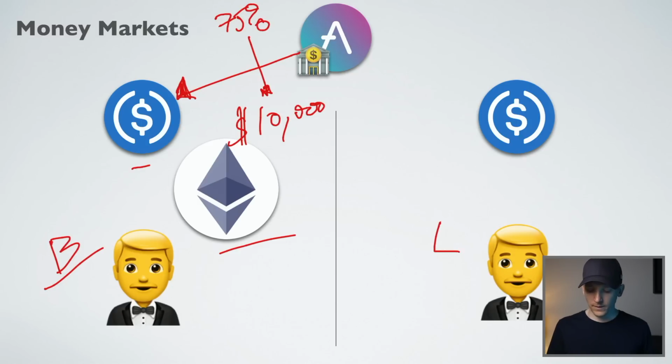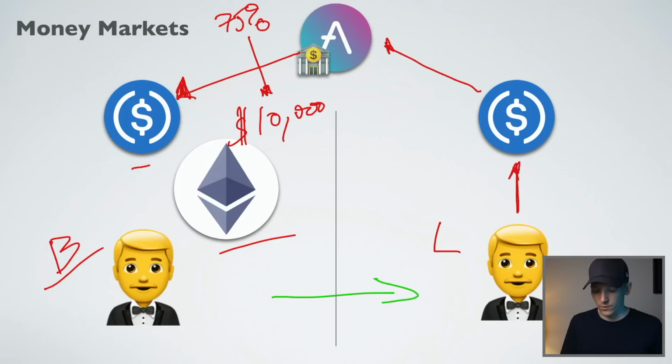Now, this guy is the lender, and he will, of course, put dollars onto Aave. Why does he want to put dollars onto Aave? Because he's a saver, essentially, and he wants an interest rate. Now, the big difference between Aave and banks is that Aave is a decentralized protocol, and so the interest rate that is paid between these two people is free and open from whatever the supply and demand of these assets is at the time.